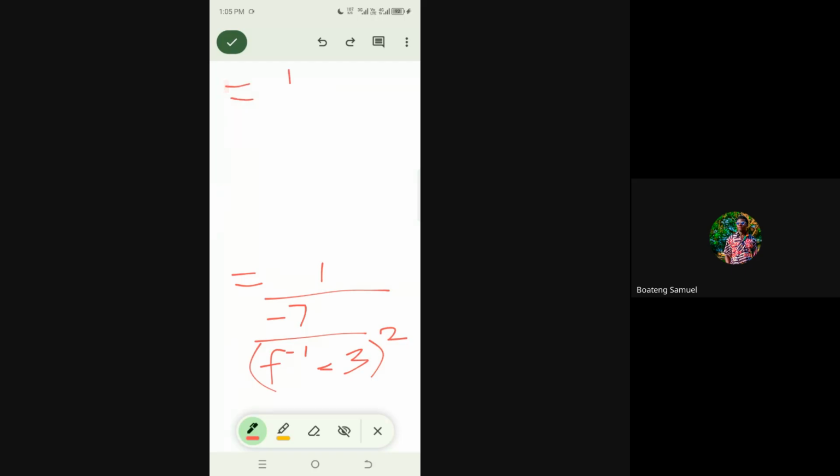So we would have 1 all over, and this one will be a bit lengthy. f inverse we had 3x plus 1 all over x minus 2, minus 3 all squared.